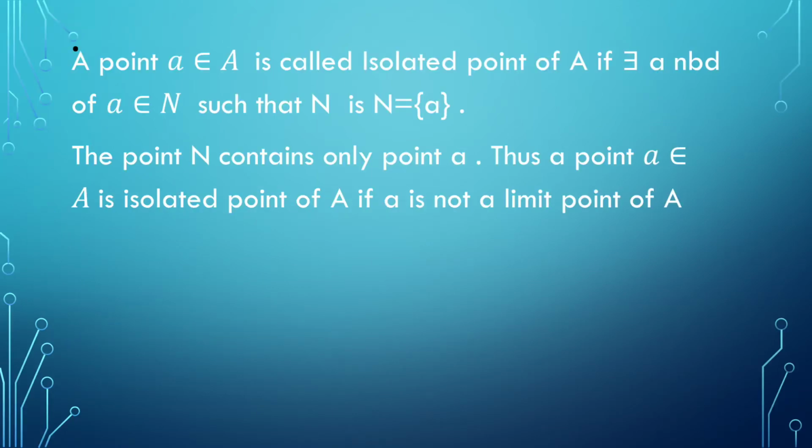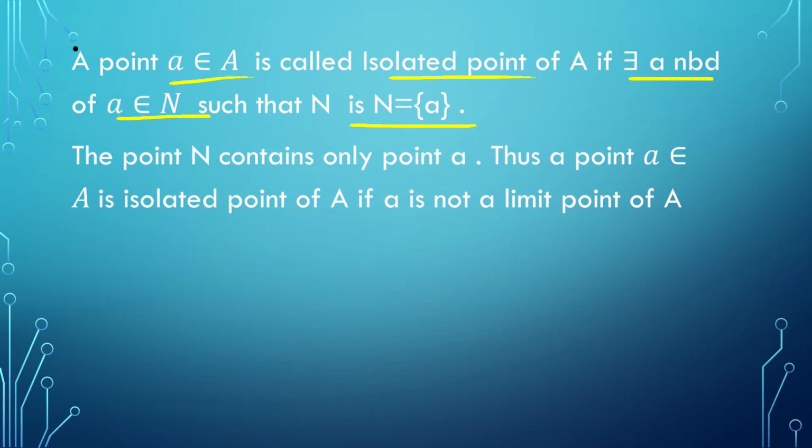A point A in a given set A is called an isolated point of A if there exists a neighborhood N of the point A such that that neighborhood contains only that element A. That's not enough, so it gets itself.